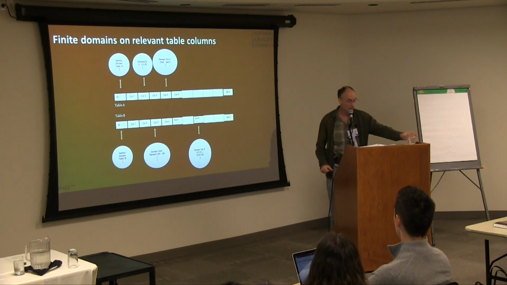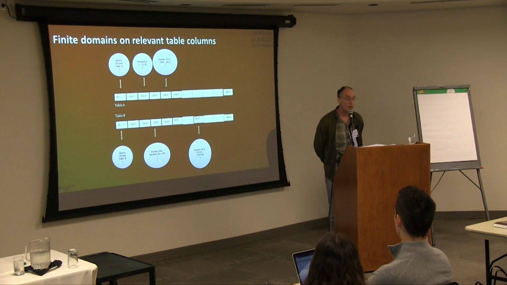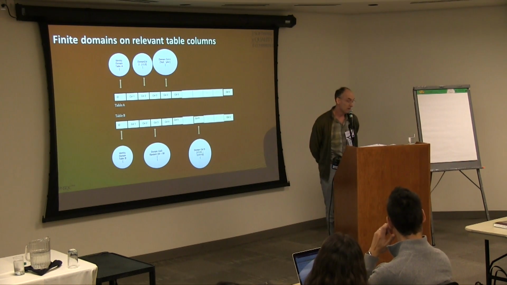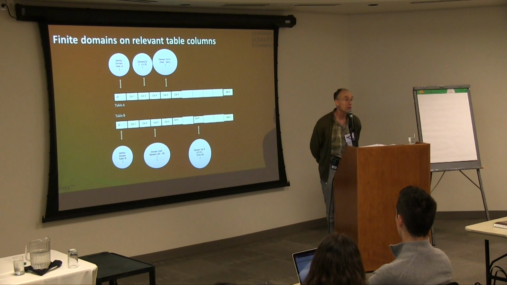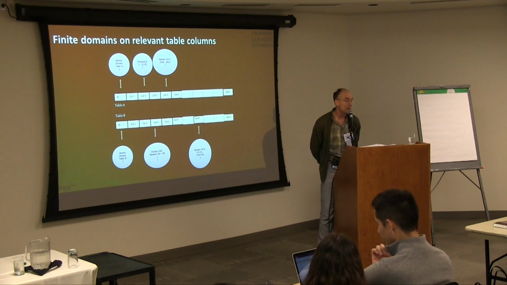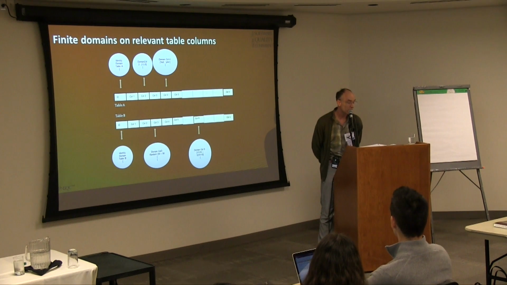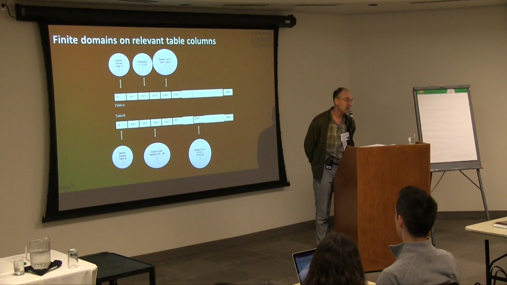Finite domain. So before I jump into this a little bit, one of our big discoveries when we were looking at our ETLs was that some of them considered maybe 4 or 5 different tables, some with hundreds of rows on them. And what we discovered was the ETLs were blind to a lot of the data that was in those tables. They really didn't care. They were only interested in 4 or 5 different columns on each table, maybe 15 columns in all.